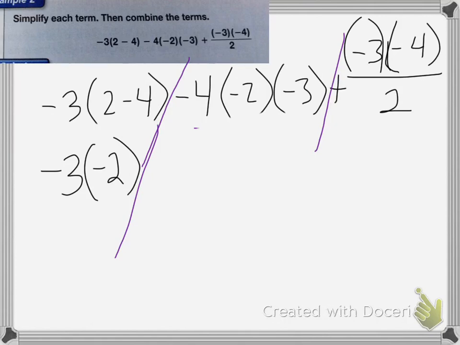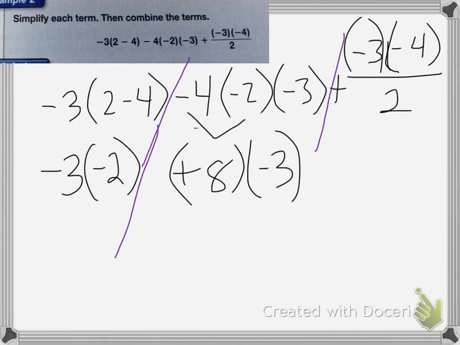That's going to equal, if I do negative 4 times negative 2, I end up with a positive 8 times a negative 3. And then my last term, I have to do the top first, so I have negative 3 times negative 4 equals negative 12.